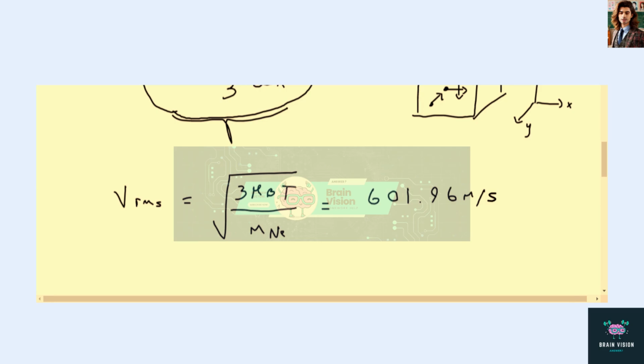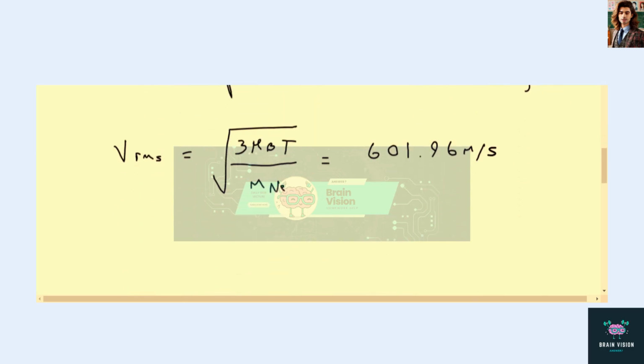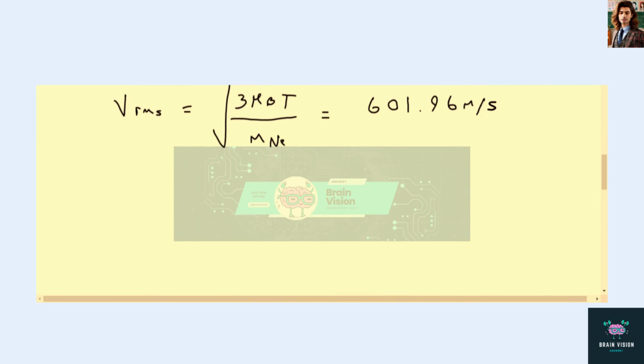And then we also wanted to find the total number of molecules. And remember, we can relate the total number of molecules to the moles of a substance with this equation. The number of molecules over Avogadro's number is equal to the number of moles.